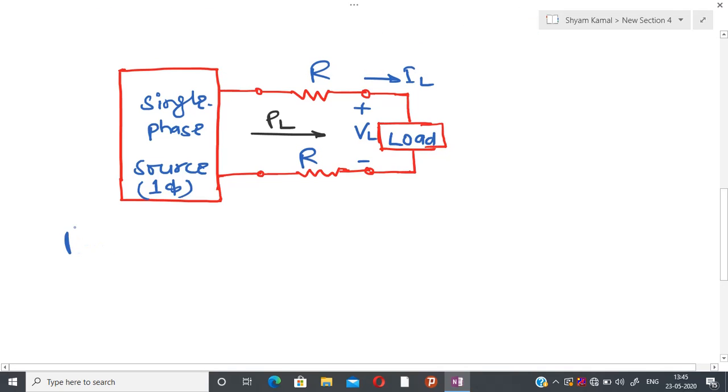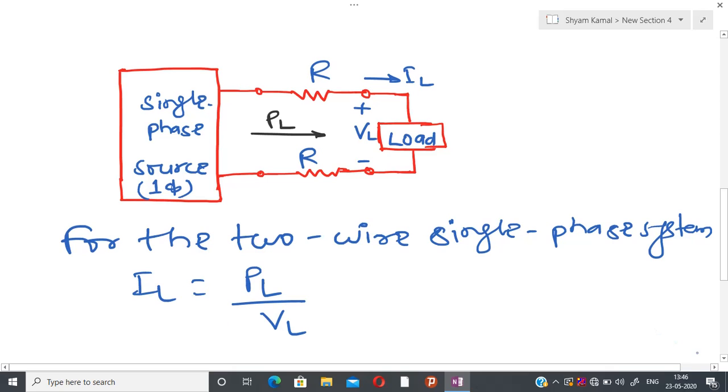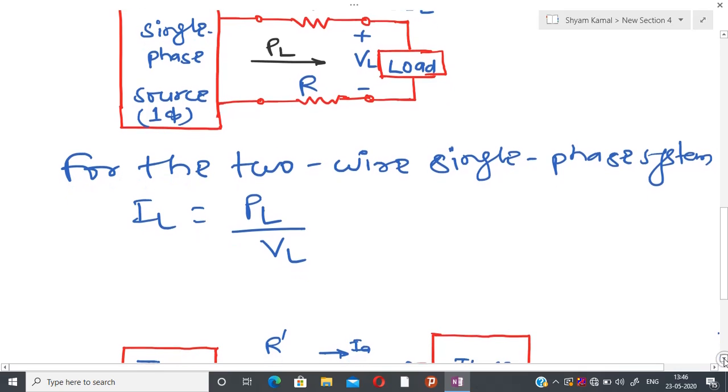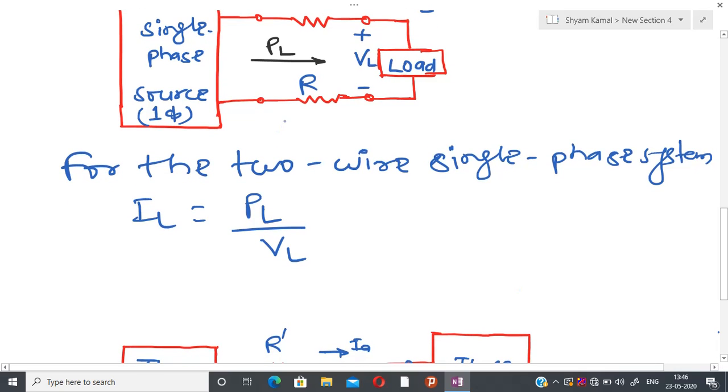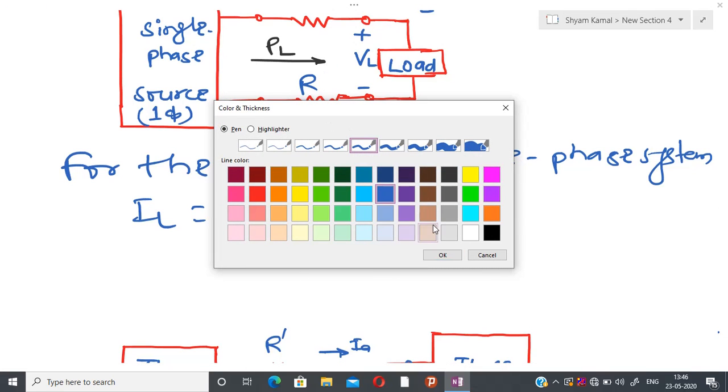For the two wire single phase system, if you calculate IL in the above figure, since the voltage difference is VL and I know the power PL, I can write the current. I am assuming that the power is PL.